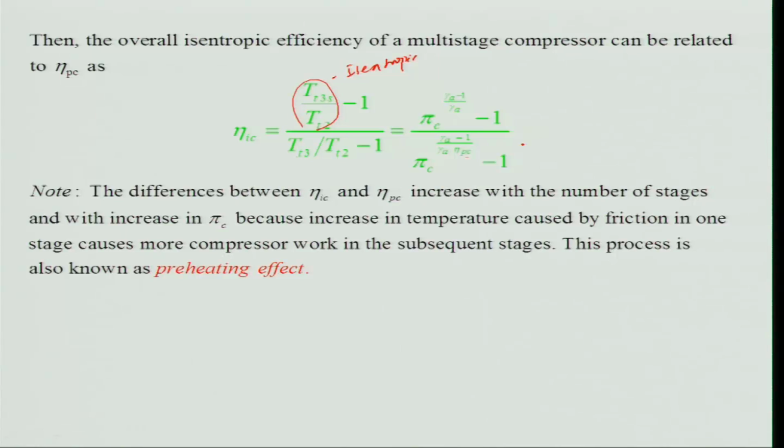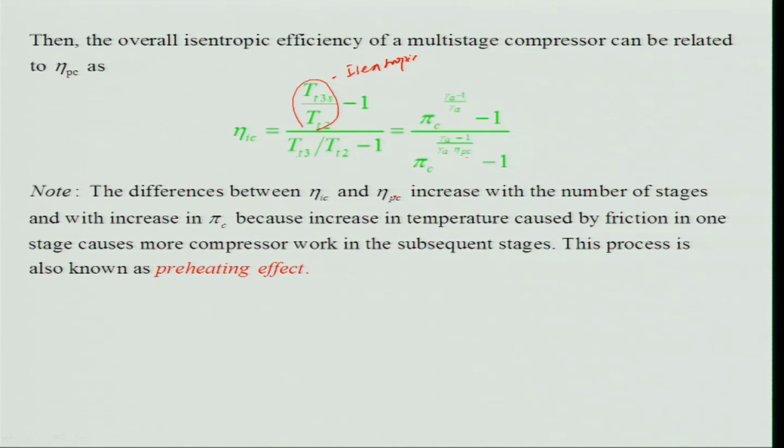We will be doing the similar thing in the same way for the turbine, but keep in mind that the difference between the isentropic efficiency and polytropic efficiency of compression increases with the number of stages, and also with increase in pressure ratio pi_c across the compression. Why is it so?